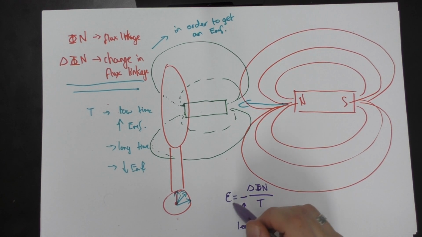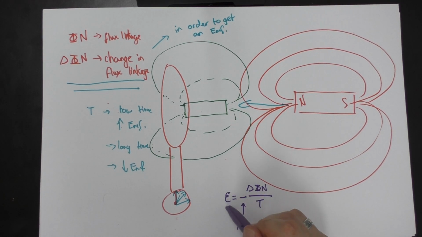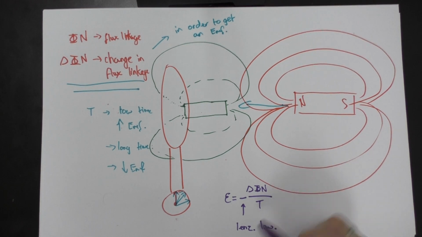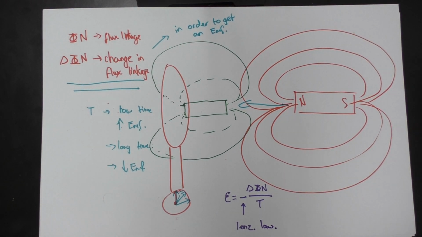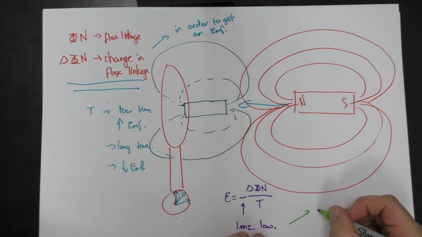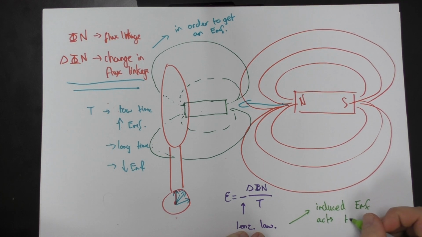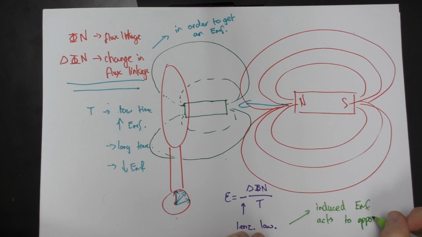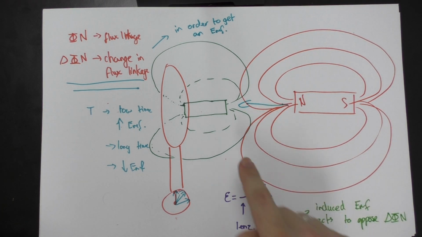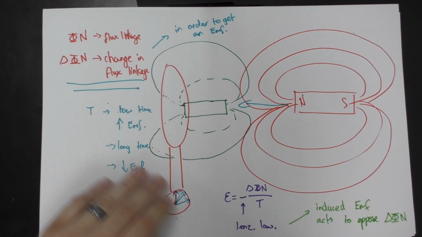Lenz's law states that the induced EMF acts to oppose this change in flux. So I'll write that down: the induced EMF acts to oppose the change in flux linkage. Okay? And I'll show you diagrammatically what I mean on the next sheet of paper.